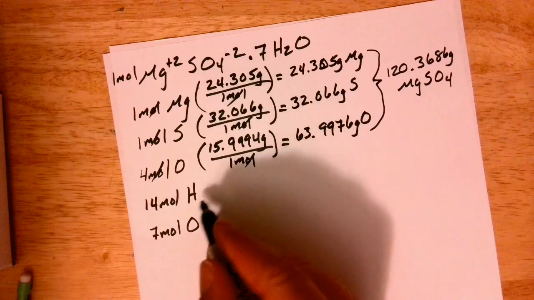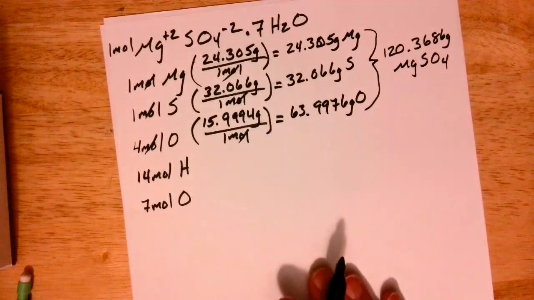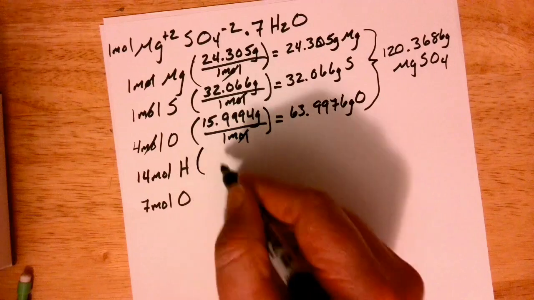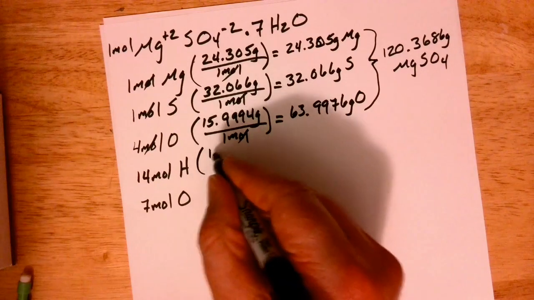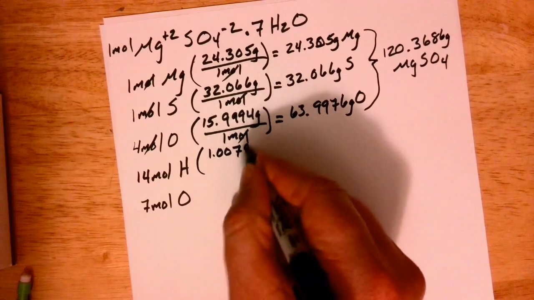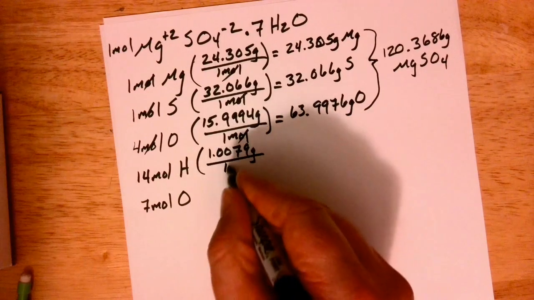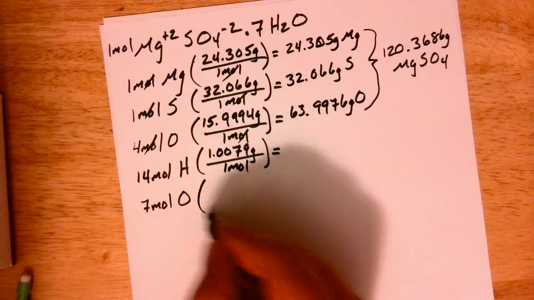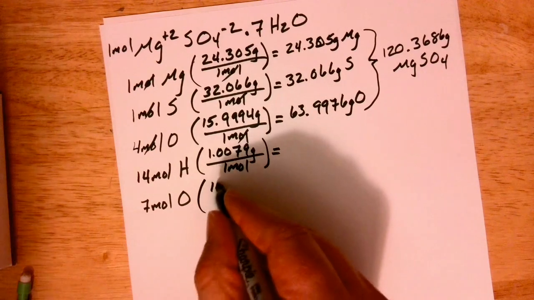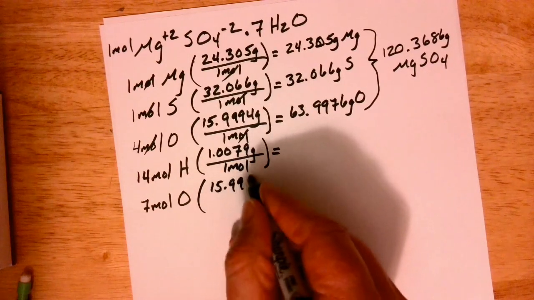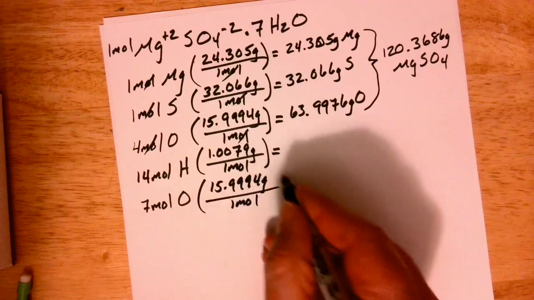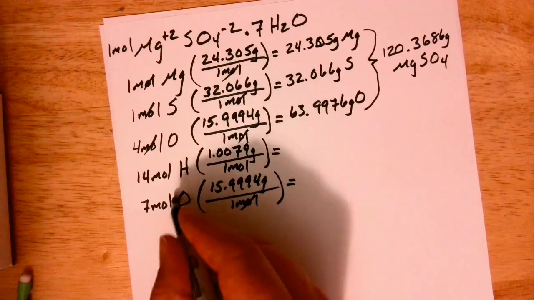Okay, now let's go down to here for water. Hydrogen is 1.0079 grams for every 1 mole. Oxygen is 15.9994 grams for every 1 mole. Moles will cancel.